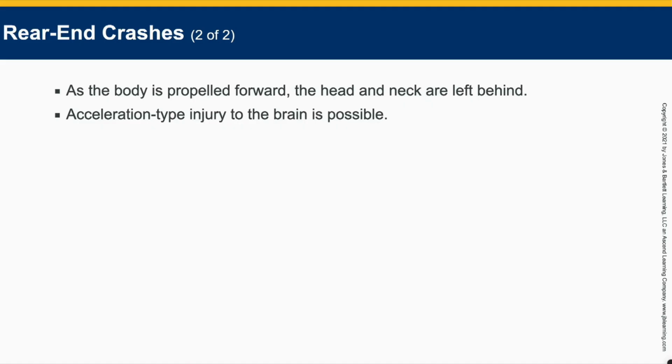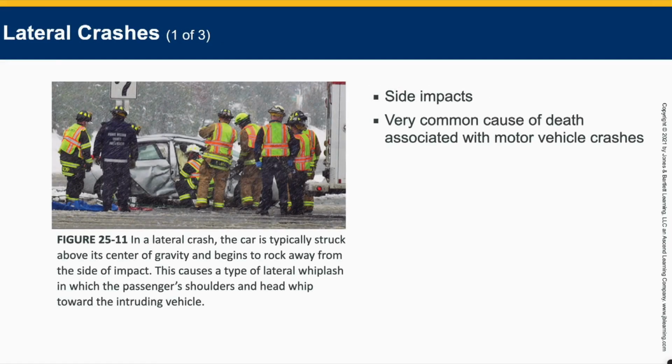Now let's move into lateral crashes, or side impacts. And these are some of the most dangerous types of collisions. In a side impact, there's very little space between the point of impact and the patient. So unlike frontal crashes where there's more structure to absorb energy, here that force is transferred directly into the body. That's why lateral crashes are a very common cause of death in MVCs.